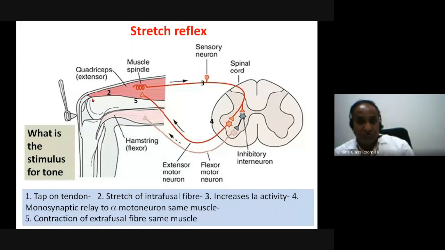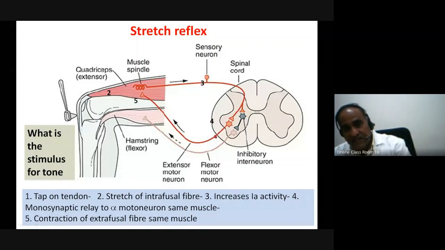This is the in situ length, and this in situ length will have already stretched these elements. The muscle spindles in the muscle are stretched, they increase their activity, and they in turn excite this. This is about the stretch reflex. Now, what happens when this is happening?